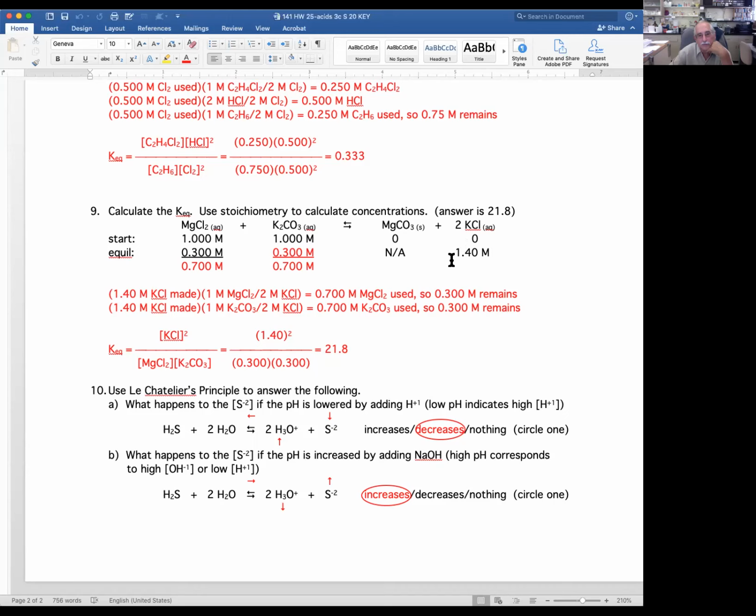So that should be 1.4. And then for every 0.3 that goes that way, I have to take 0.3 that goes that way. So that means that there's 0.7 left. So put them in here, crunch the numbers, and then that's the answer.